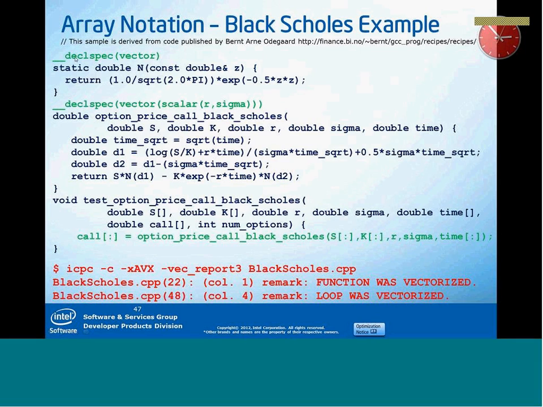The only thing I did is the change in green. I just added declspec vector for these 2 functions, and I invoked that using array notation, and it starts working 4 times faster on each core, because, as I mentioned, this was a double precision calculation. So 256 divided by 64 gives that 4 times speedup.